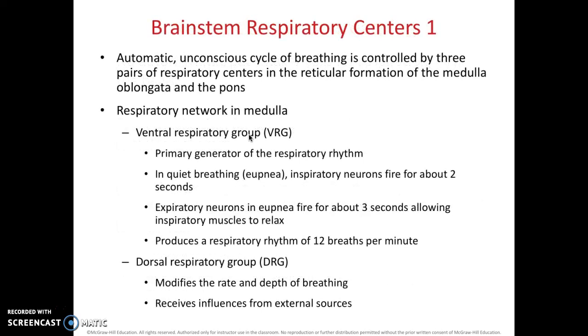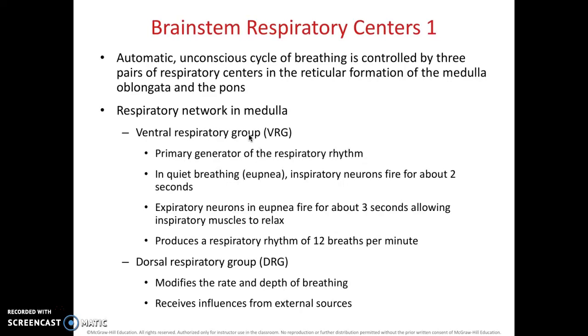So, the brainstem respiratory centers. This is an automatic, unconscious cycle of breathing and is controlled by 3 pairs of respiratory centers in the reticular formation of the medulla oblongata as well as the pons. The respiratory network in the medulla is broken into 2 groups: the ventral respiratory group and the dorsal respiratory group.